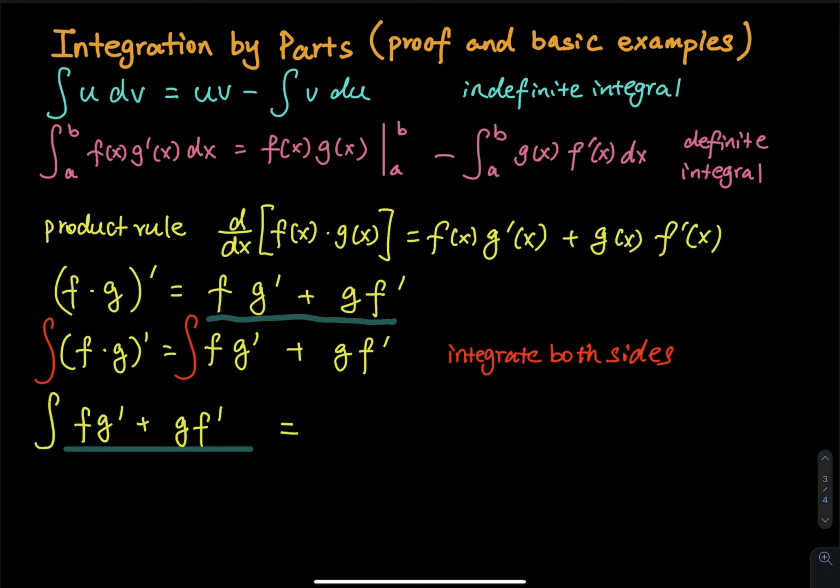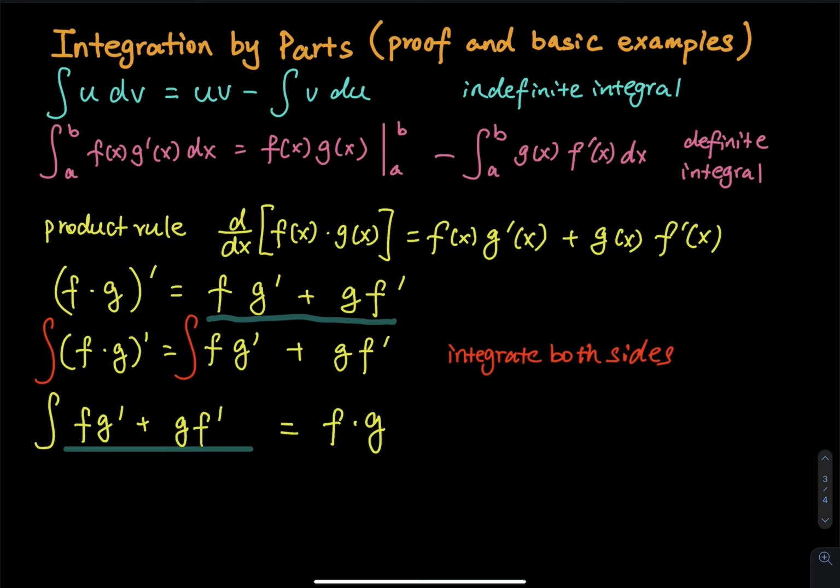If you look at the first line, the right hand side is the derivative of the left hand side. Once you integrate the right hand side, we just undo the derivative. That means we go back to the left hand side, which is just f times g.